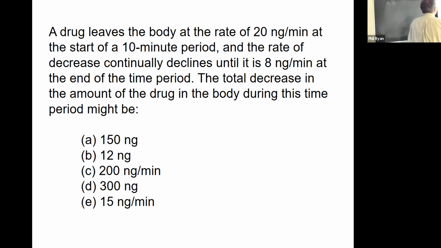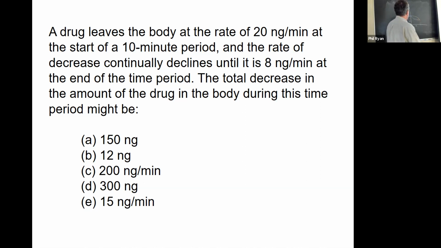Okay, so in a 10-minute period, what does the graph look like? Well, it starts at 20 and it goes down to 8. So it goes down somehow to 8. We don't know exactly how. It could be like this, it could be like that. Who knows what it's going to be like.